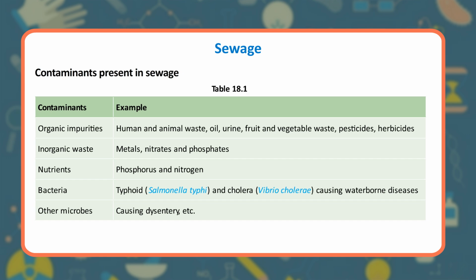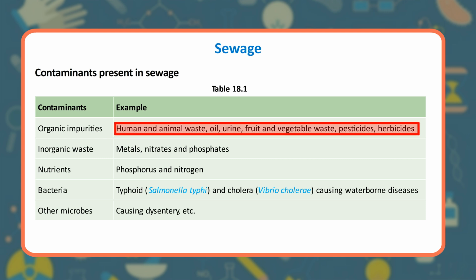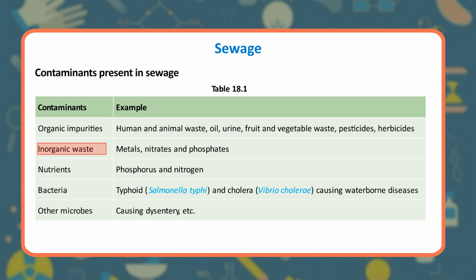Contaminants present in sewage. Organic impurities, for example: human and animal waste, oil, urine, fruit and vegetable waste, pesticides, herbicides. Inorganic waste: metals, nitrates and phosphates. Nutrients: phosphorus and nitrogen.